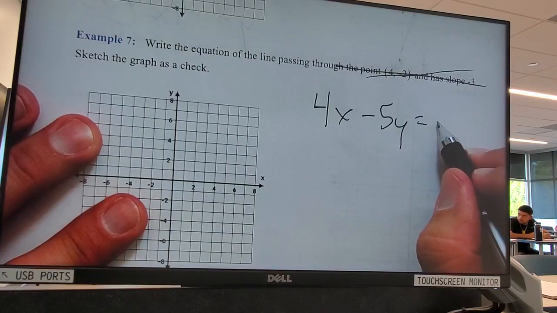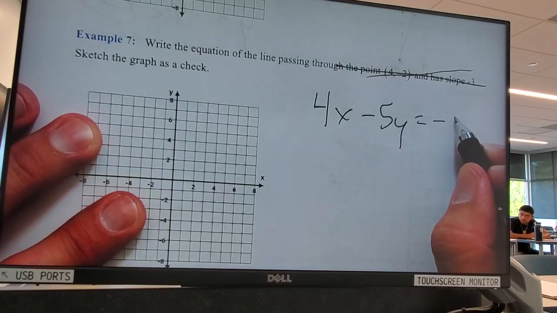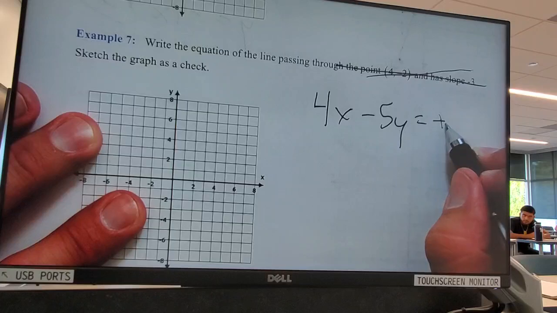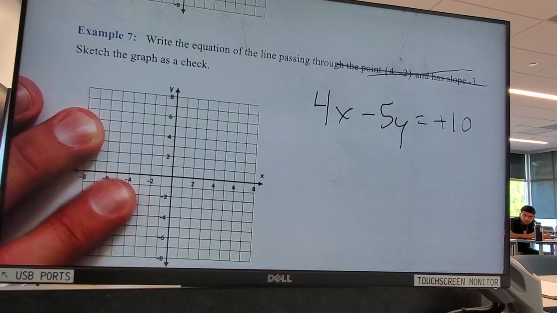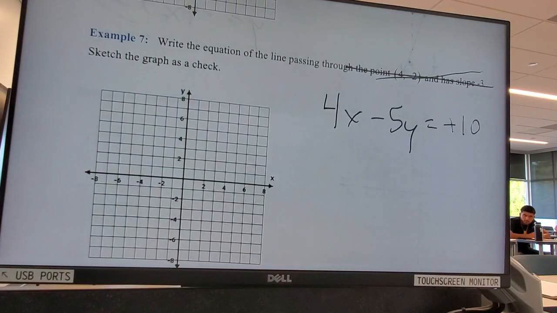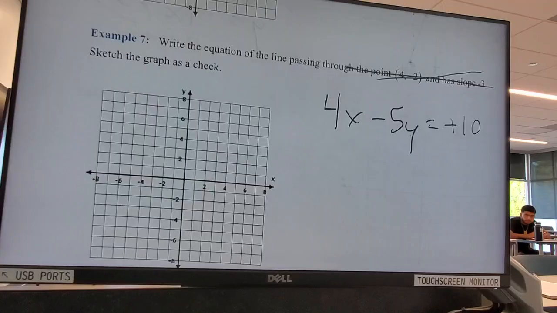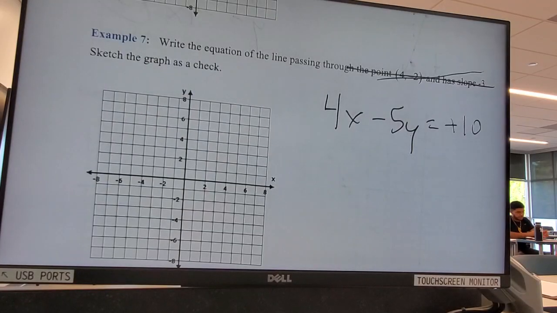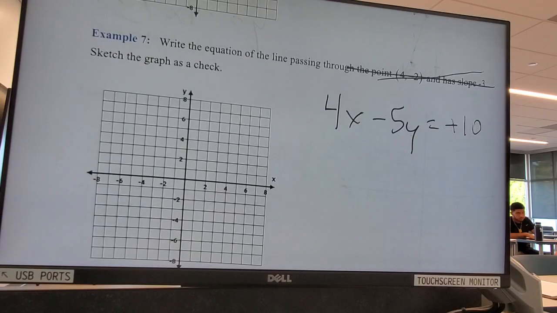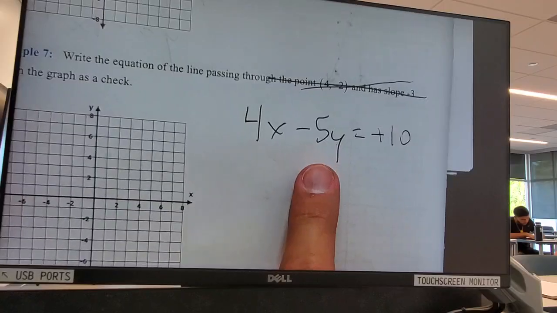I want you to figure out the slope and the y-intercept. Got it, easy. Oh, yeah, I made it negative. I just changed my mind. Sorry. So just do that for me.